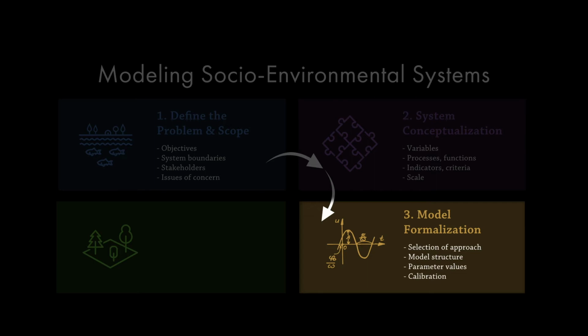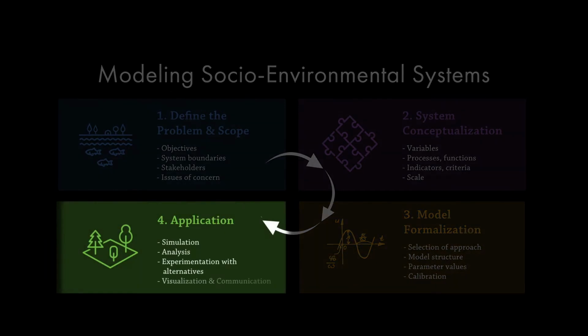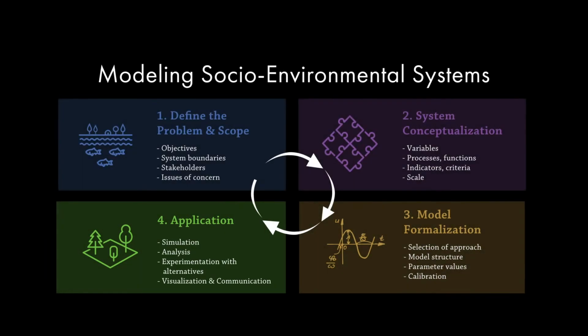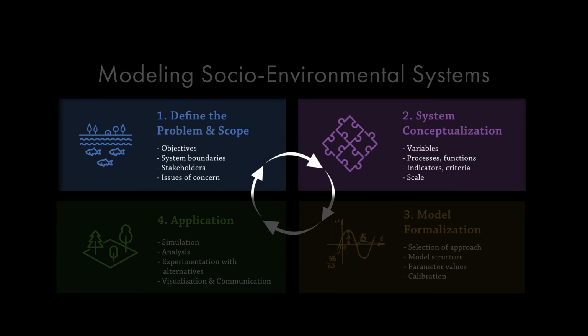And then the final step in the process is, of course, the application of the model. I want you to note there's an arrow from this phase back to step 1 because often the outcomes from the model motivate new questions or a need to make changes to the model. In this video, we're focusing on processes, especially team processes, that are part of the first and second modeling phases.